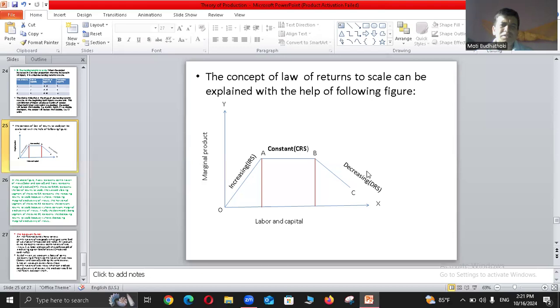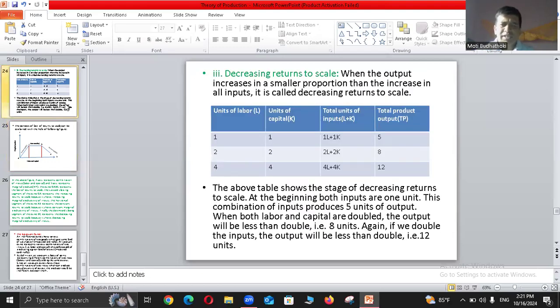So we must remember that there are three types of returns to scale: increasing returns to scale, constant returns to scale, and decreasing returns to scale.